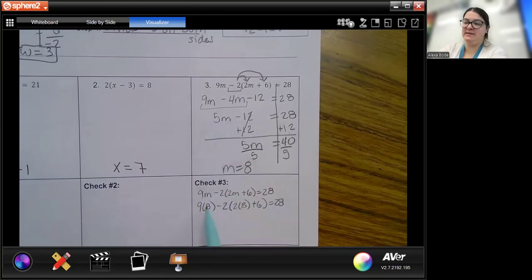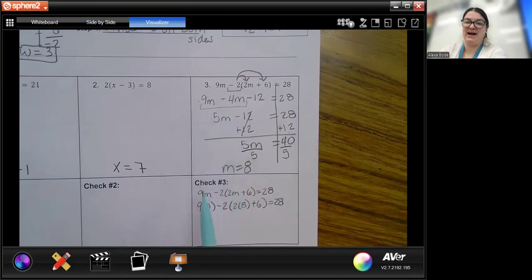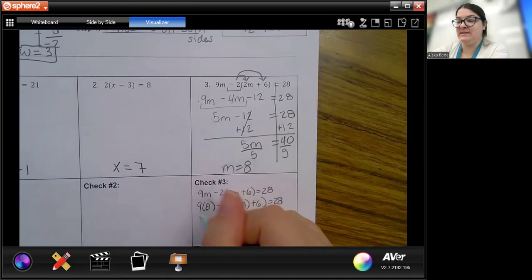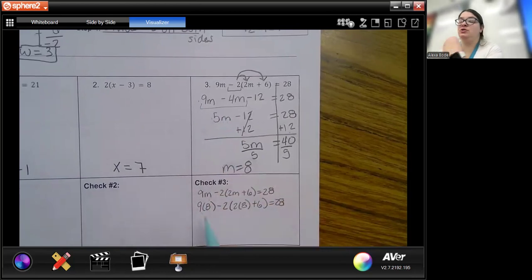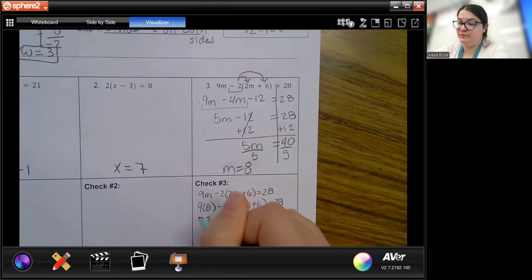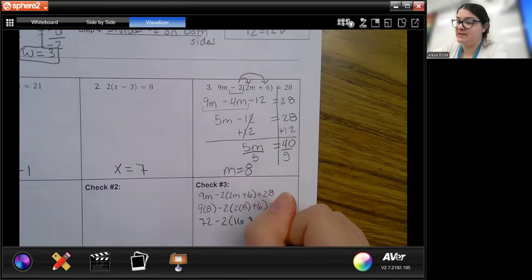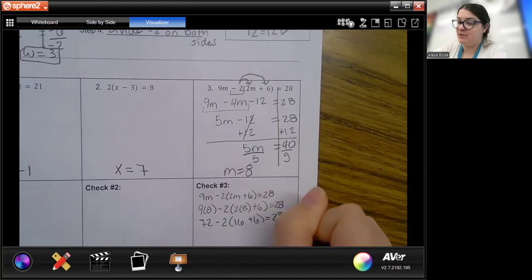So when I did 9 times 8, I accidentally did 45 and did 9 times 5 instead of 9 times 8. So that's why you want to make sure that you're writing down all of your steps and not making those mistakes. So 9 times 8 is 72. Minus 2 inside my parentheses, I have 2 times 8 is 16 plus 6 equals 28.